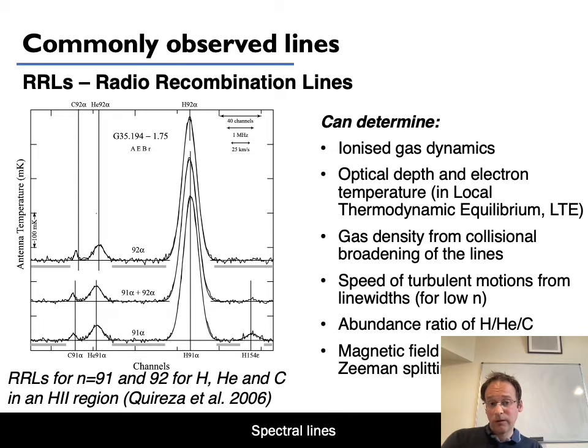Through Zeeman splitting, so through interaction of the transition with the magnetic field, you can actually start to measure the magnetic field strength by measuring multiple lines associated with a given transition. So these lines are very important for determining some of the physics both in our galaxy and in other galaxies as well.